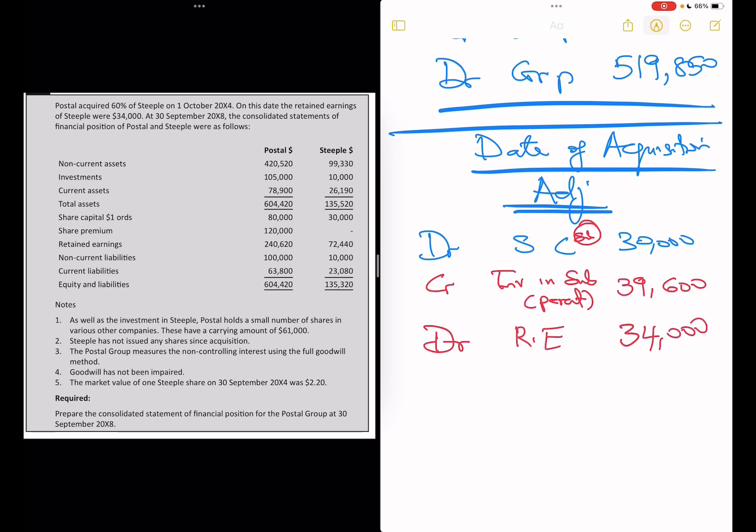So I've taken away all the equity items of that subsidiary, and I've also taken away the investment in subsidiary at cost by the parent. Now I need to recognize the NCI on the date of acquisition, because that is important. So credit opening NCI, because remember this is date of acquisition, so your NCI will be the opening figure, not the closing figure.